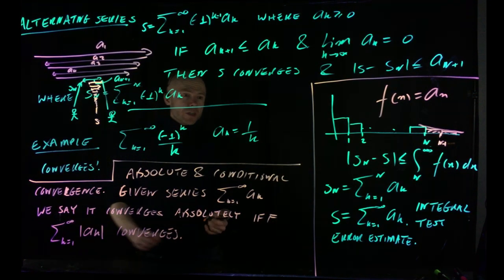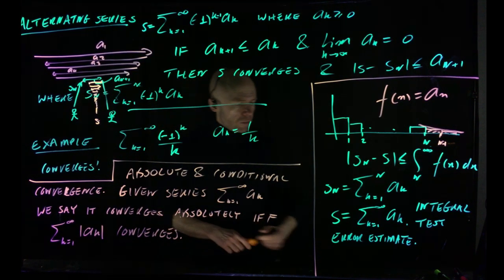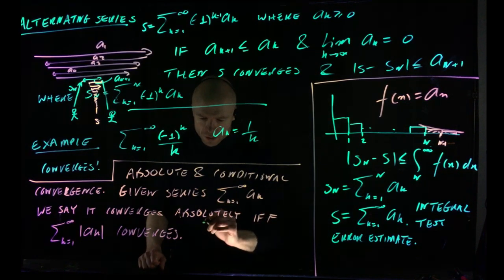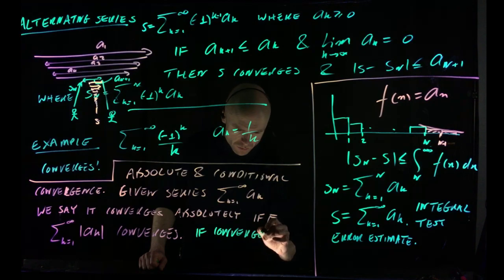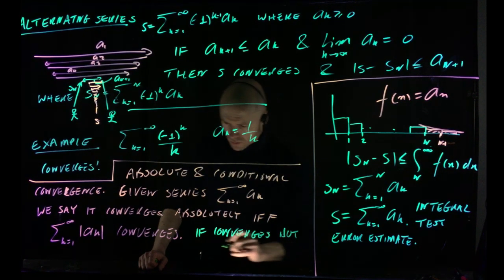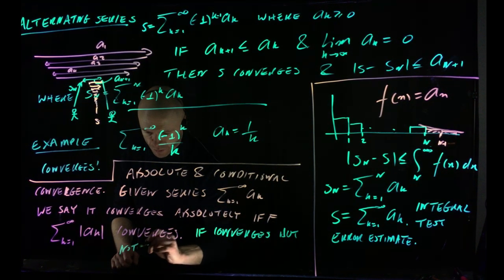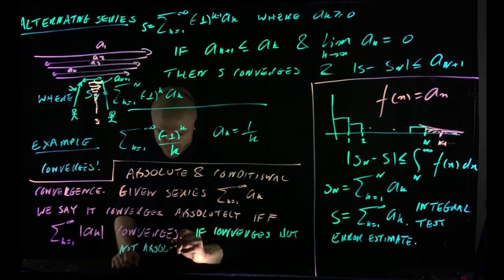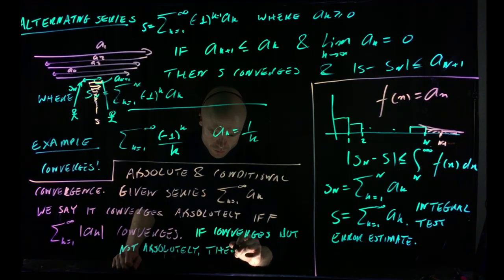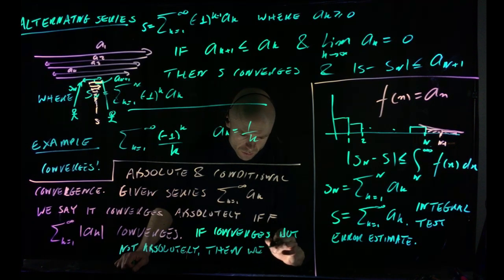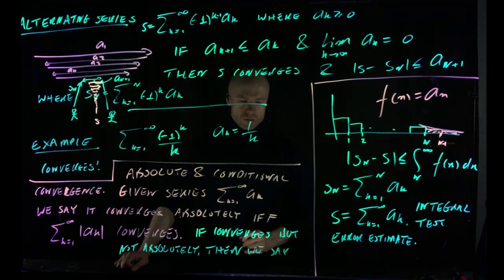If it converges but doesn't converge absolutely, then we say it converges conditionally. Running out of space.